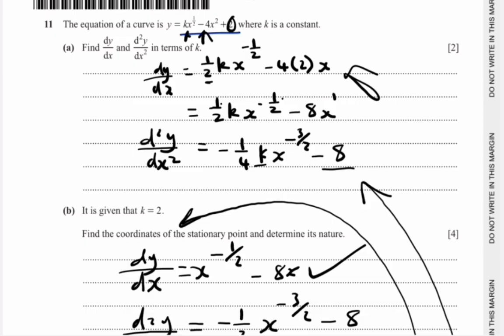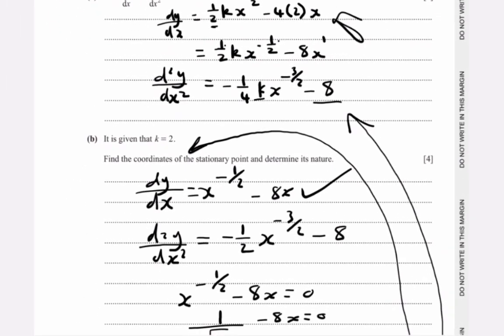And so minus 1 over 2, our x is 1 over 4, and this being raised to the power minus 3 over 2, minus 8, it's giving us minus 12.